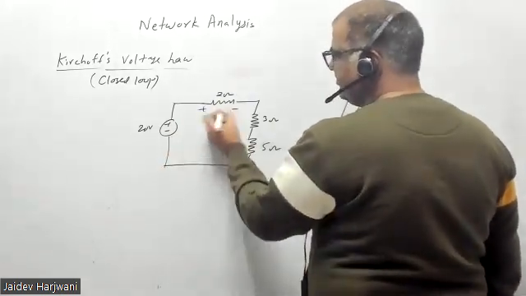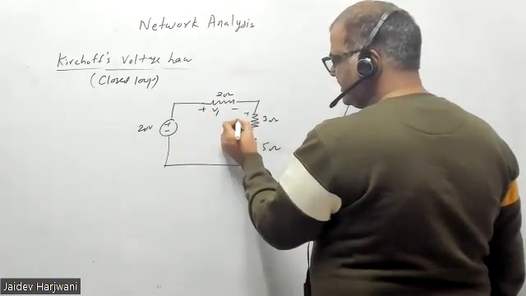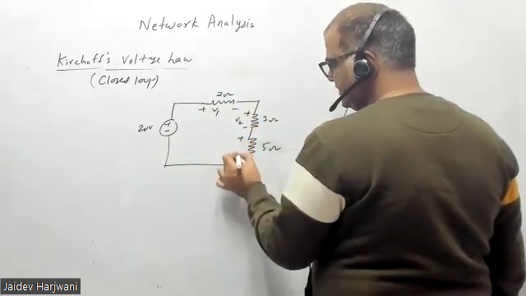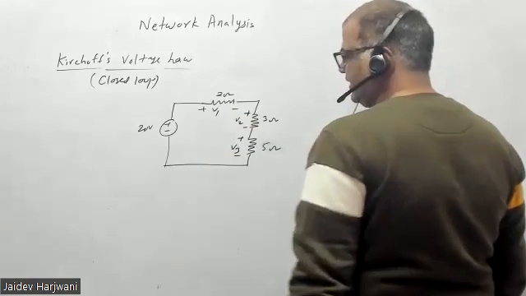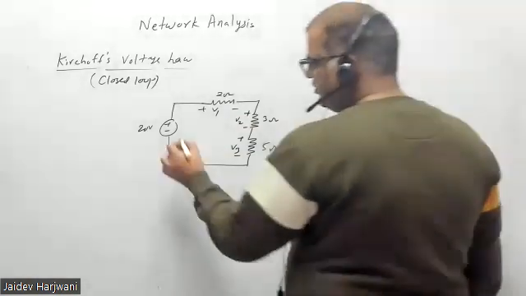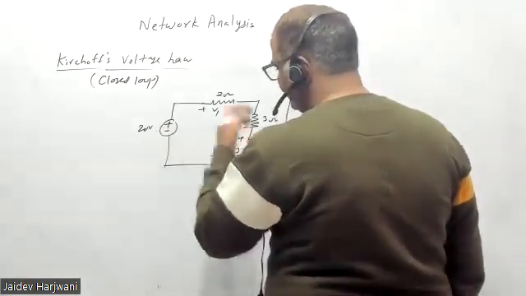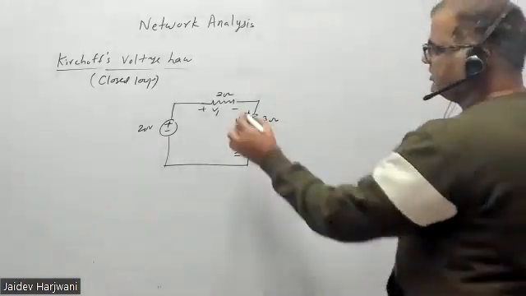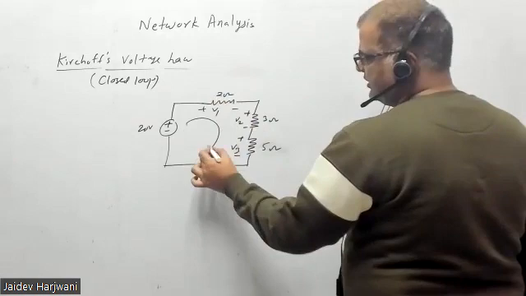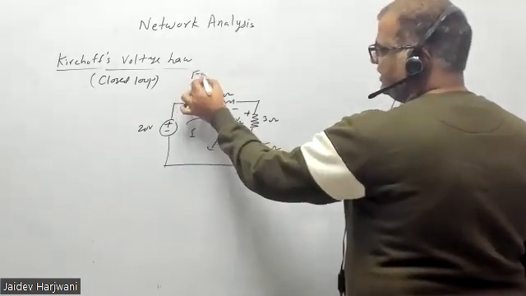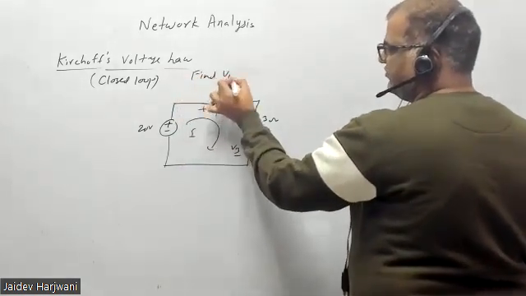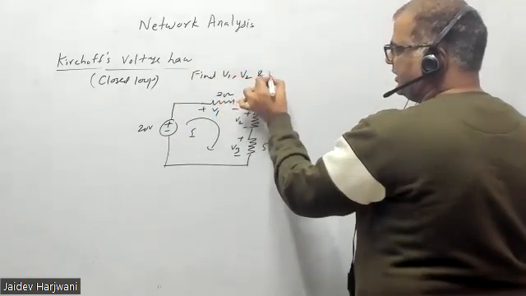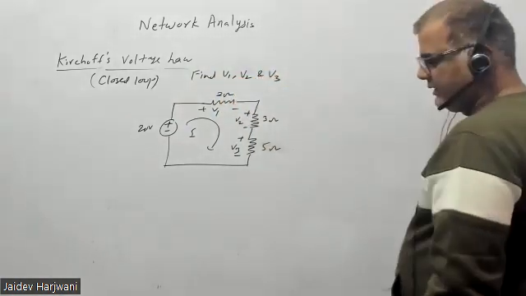I say this is my V1, this is my V2, and this is my V3. Find the value of V1, V2, V3, with current flowing here.